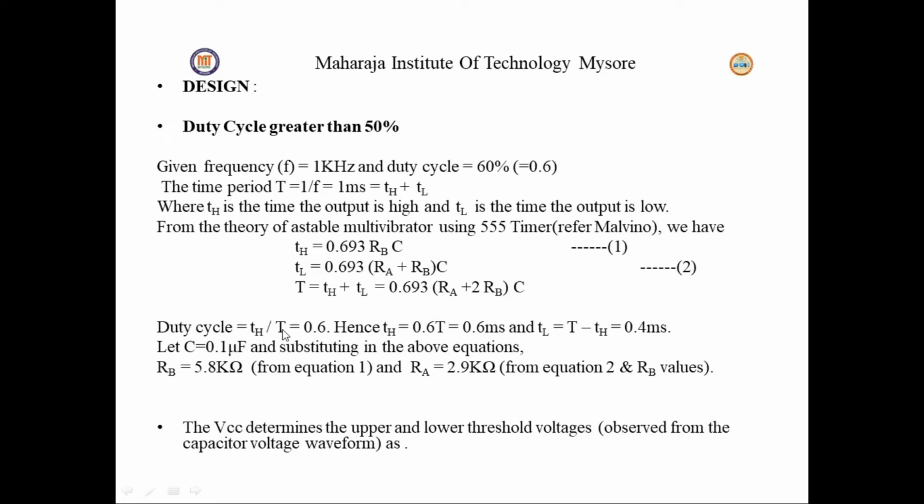Then T is 1 millisecond. So 0.6 into 1, TH is equal to 0.6 millisecond and TL is equal to T minus TH, that is 0.4 millisecond. So let us consider the capacitor value as 0.1 microfarad and substitute the value of C in the above equations.